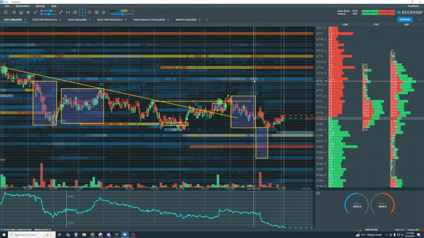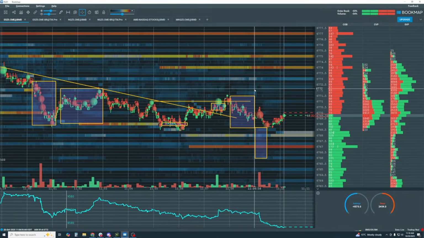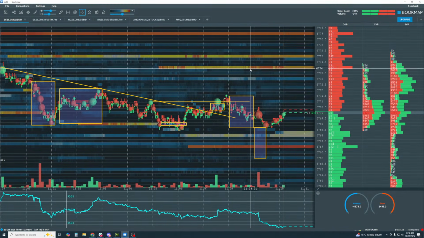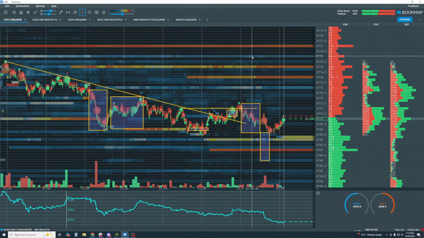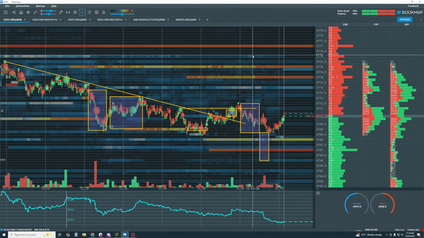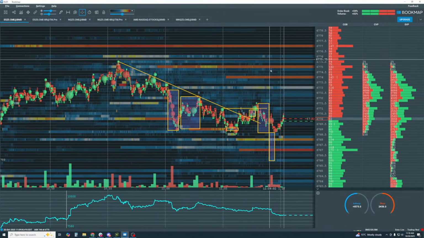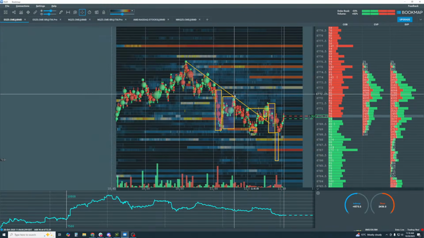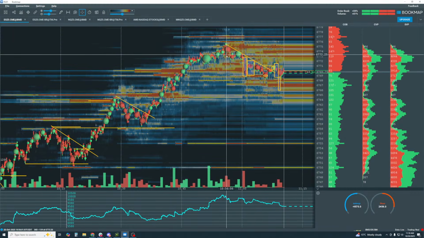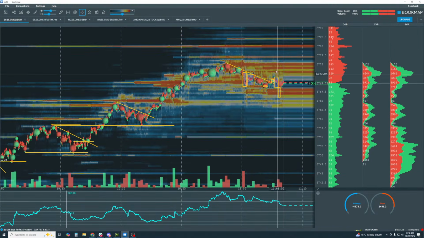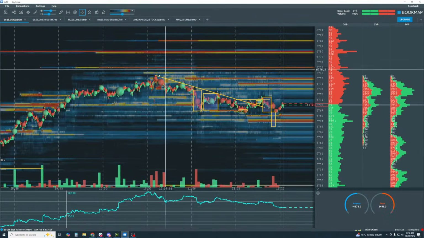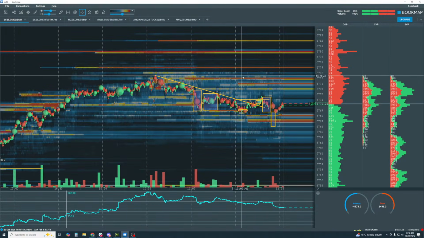All right. One thing I want to step back and mention here is about the key levels. We're not really looking at key levels. We're looking at some of these levels in between a lot of price action.